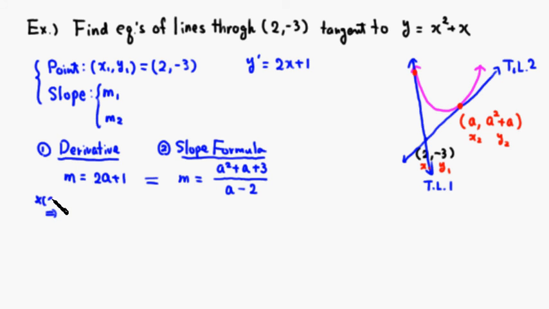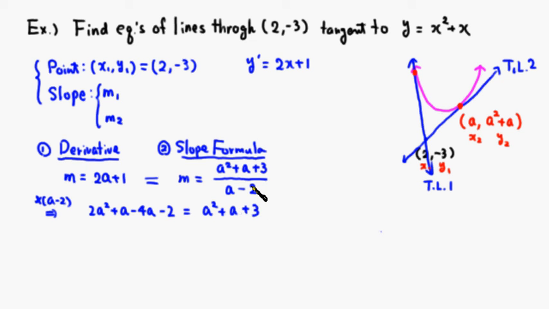The left side becomes 2a squared plus a minus 4a minus 2, which is equal to a squared plus a plus 3, and the denominator cancels out.